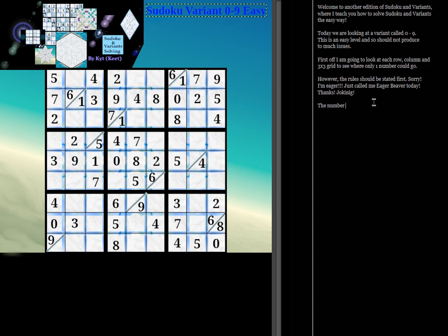The numbers 0 through 9 are put in each row, column, and 3x3 grid without repeating any numbers. However, there is this little box with a line through it.